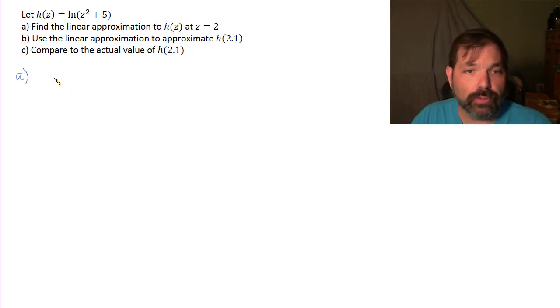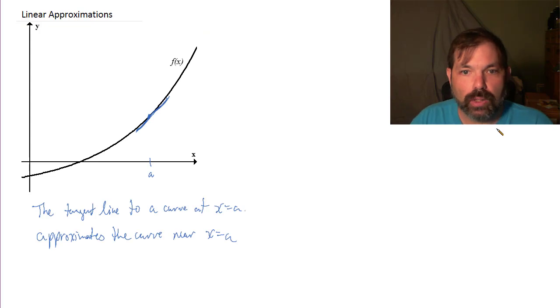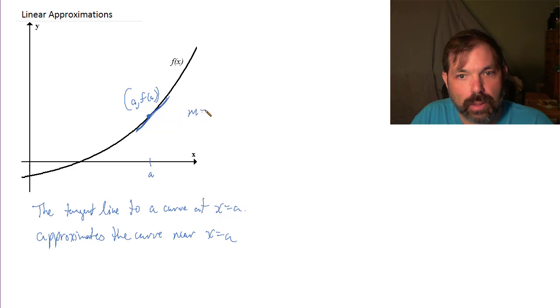Well, a general formula, I suppose we could have done that on the previous slide. Let's go back for a moment. So if this is A, we have the point A, f of A, and we know that the slope m would be f prime at A, assuming it exists.